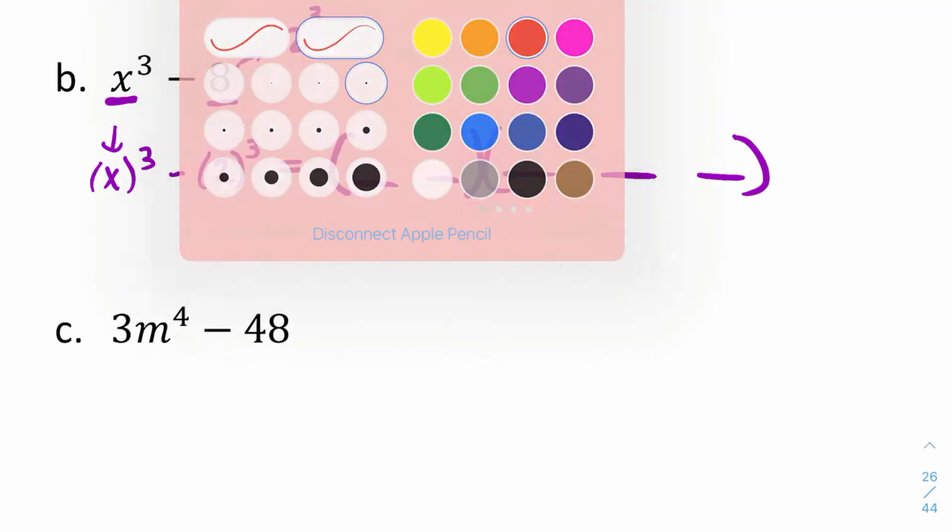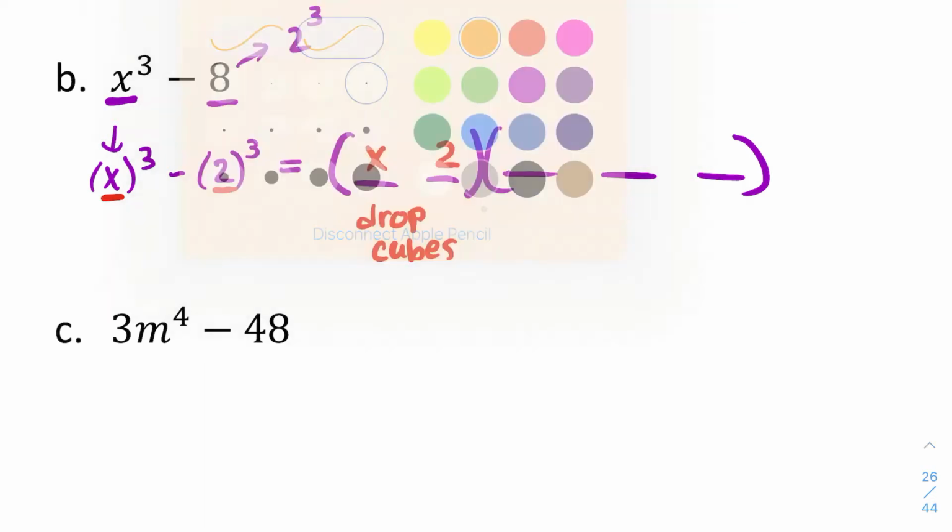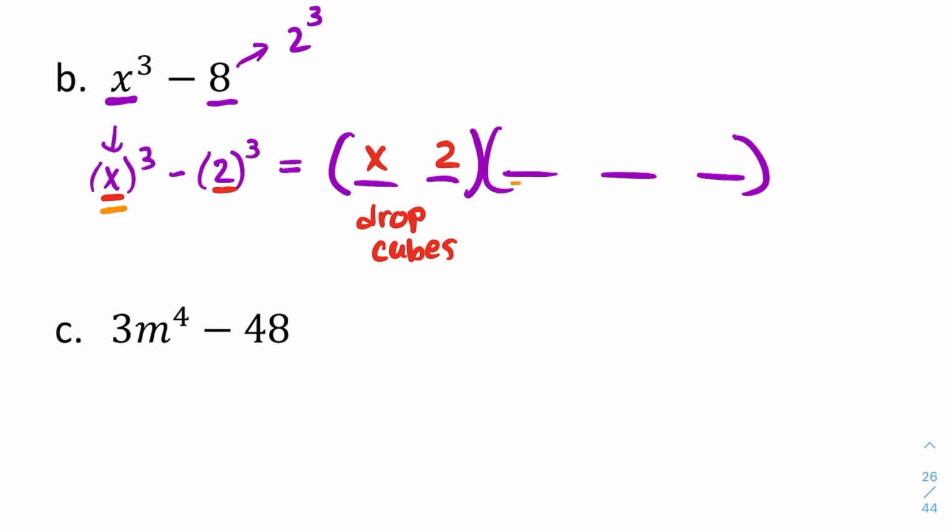So your first set of parentheses is your terms that are being cubed. So you'll have x and 2 in there. So basically drop off your cubes. And then in your trinomial, you're going to have your first term squared, so that'll be x squared.